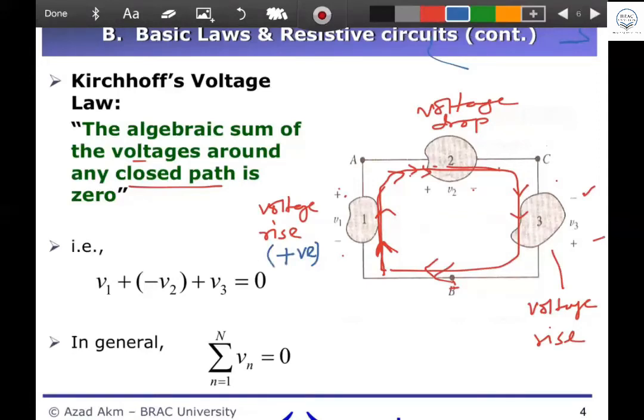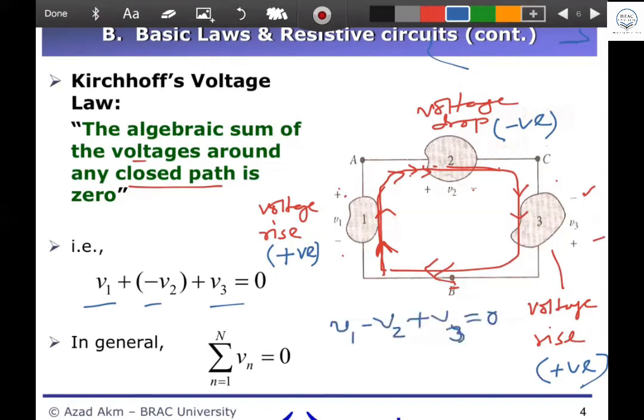If voltage rise is positive, then voltage drop we consider negative. So V1 is a voltage rise, positive. V2 is a voltage drop, so it is negative, and V3 is positive because it is a voltage rise. So we get the equation V1 minus V2 plus V3 equals 0. This is our KVL equation. You understand it?